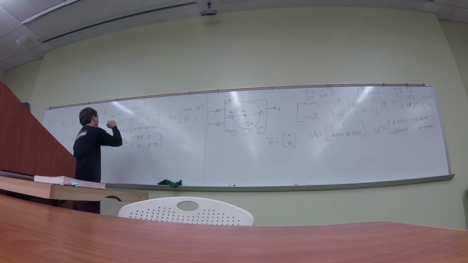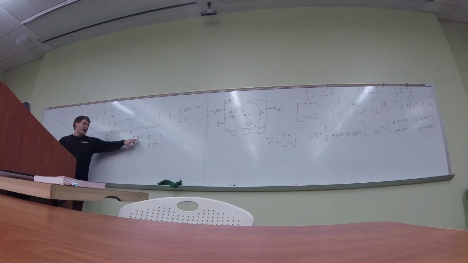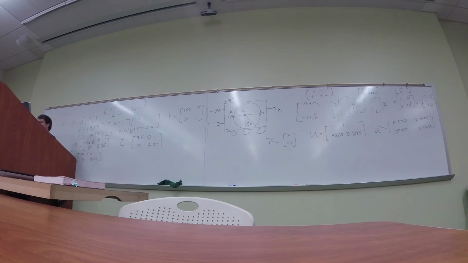But what is nice about the modal form? It's decoupled. So if you looked at this as M, C, and K in a line, 48.6 is your mass, 99.5 is your damping, and 190.5 is your K.